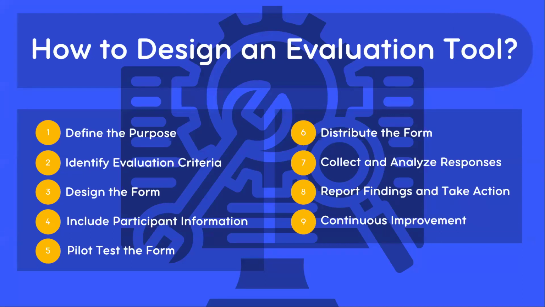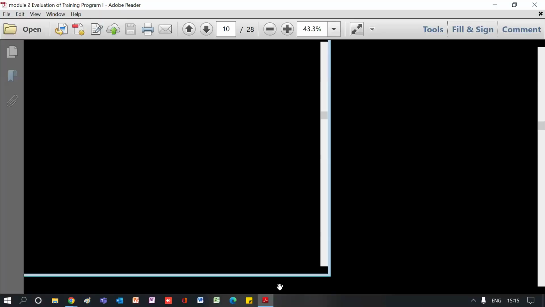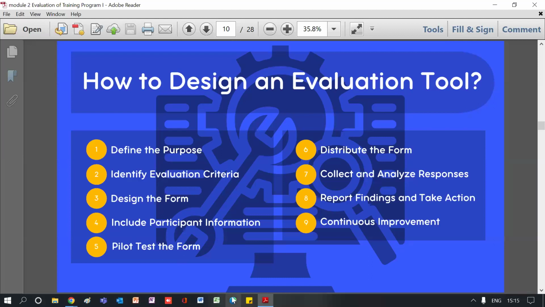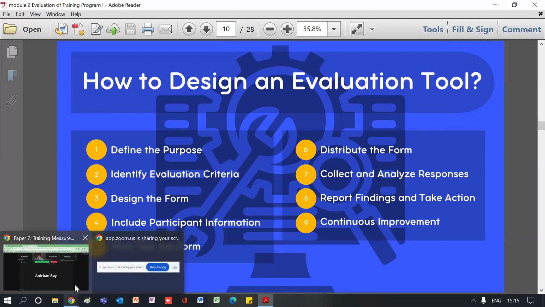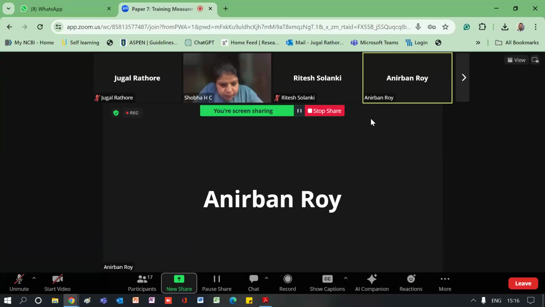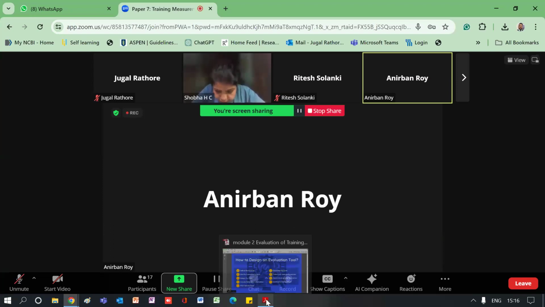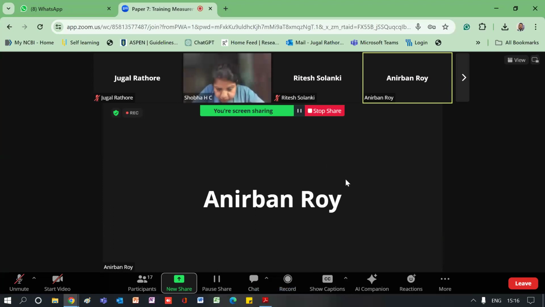Yeah, I have one query. Like the second point, identify the evaluation criteria. Suppose in our organization we launched a platform 2 years ago. Most people haven't activated their account, and most haven't picked up any courses on the platform.